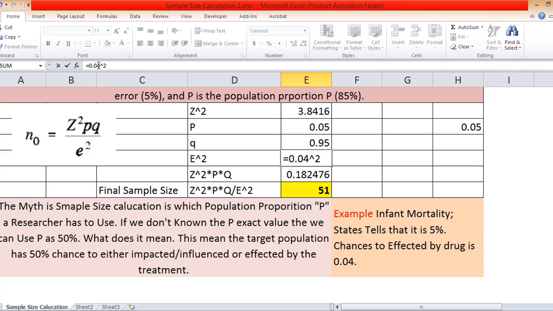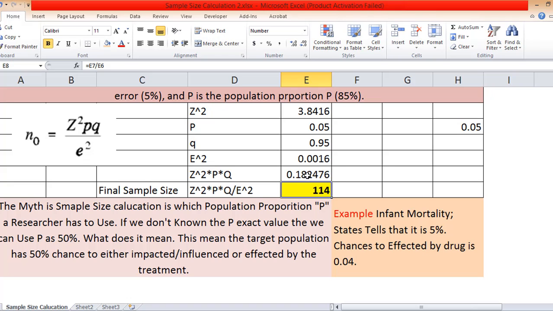Look, when it's 5, it was just 73, and when it is 4, then it increases. What does it mean? A small margin of error means more precision. Accurate results are only possible when you have a large sample size. With a small sample size, usually we compromise the precision.